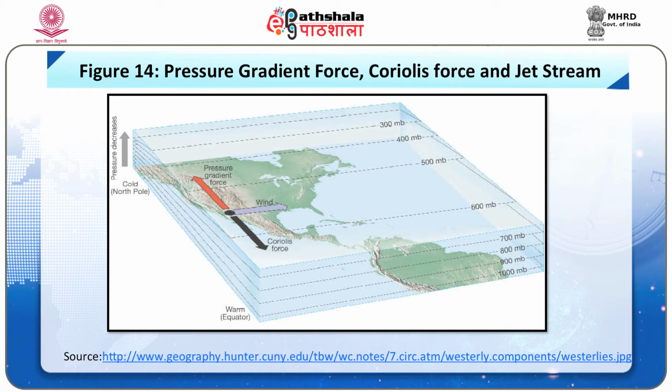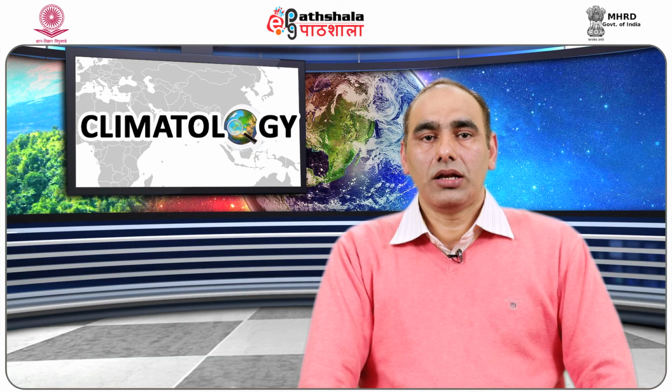The key aspect of the origin of jet streams is the large thermal contrast at the surface, which produces steep pressure gradients aloft. Hence, stronger upper air winds develop as jet streams within the slower general westerly flow or as the core of Rossby waves. Let us come to the types and distribution of jet streams.